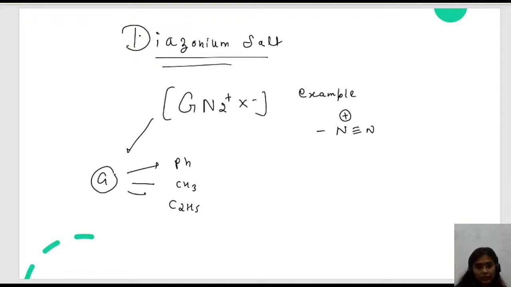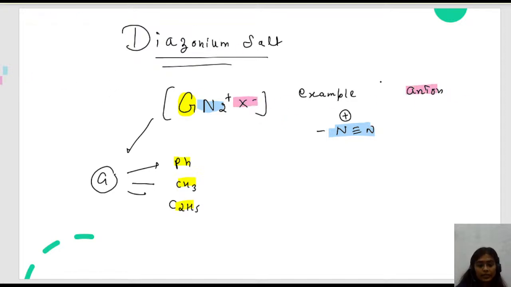Let me highlight that first we discuss this G, and then the N2 part in the very center, and then the halogen portion, or you can say the anion part.